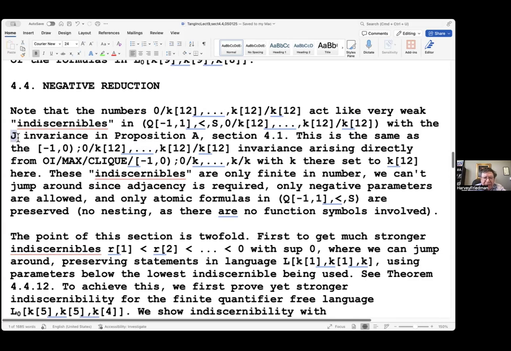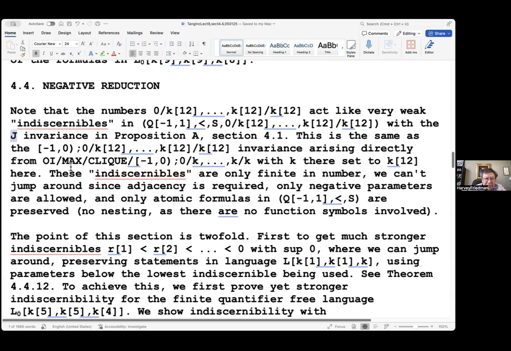J is the definition of the function in the statement we're reversing. I let J be the function. J is actually the function of this function here. I let this be J. This J invariance is an extremely weak form of indiscernibles, right?